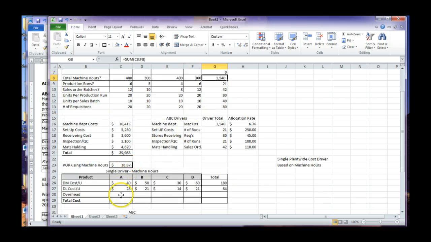Is because now we have to take the $16.87 and multiply it by the 480 hours. And that gives you kind of a big number, doesn't it? But that's total overhead, that's not per unit. So we could do this one of 2 ways. Let's take a look down here.